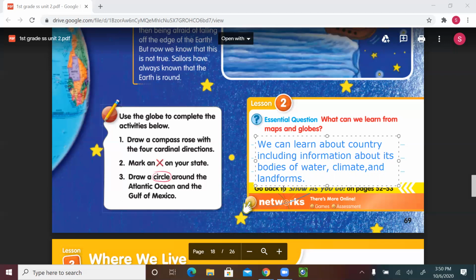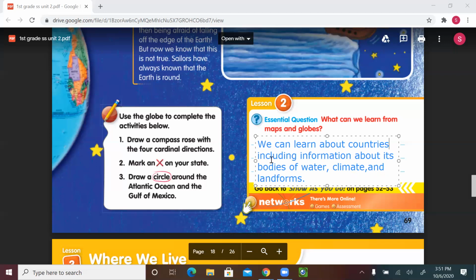So we can learn about countries, either countries in general or a specific country. If you're looking for any specific country, you can look for it and you will learn about it, or in general about countries and their borders and lines with other countries or rivers.